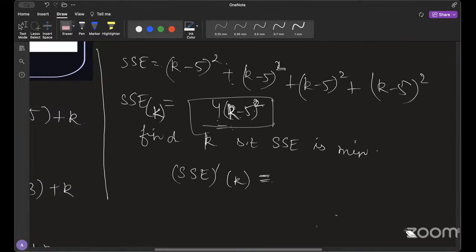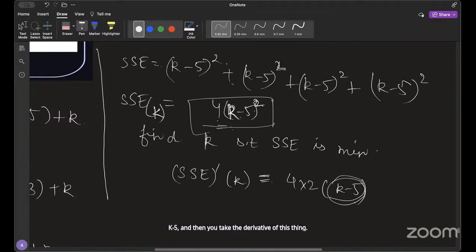If you have something like this, then you take the derivative of x. So the formula for the derivative of something like this is you take the derivative of this entire thing, which is 4 into 2 times (k minus 5), and then you take the derivative of the inside too. But the derivative of k minus 5 is 1. That's why it's not needed here.